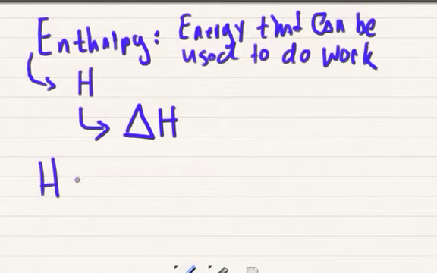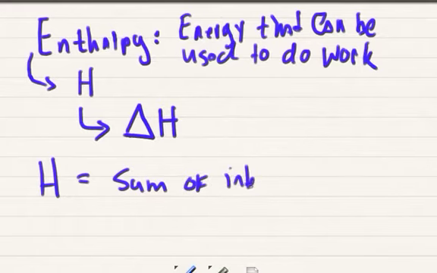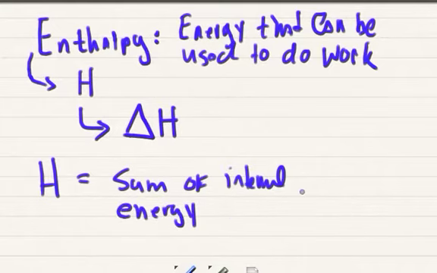So H equals, mathematically, the sum of the internal energy plus the product of the pressure times the volume of whatever system we're looking at, the different molecules we're mixing together to do a chemical reaction.